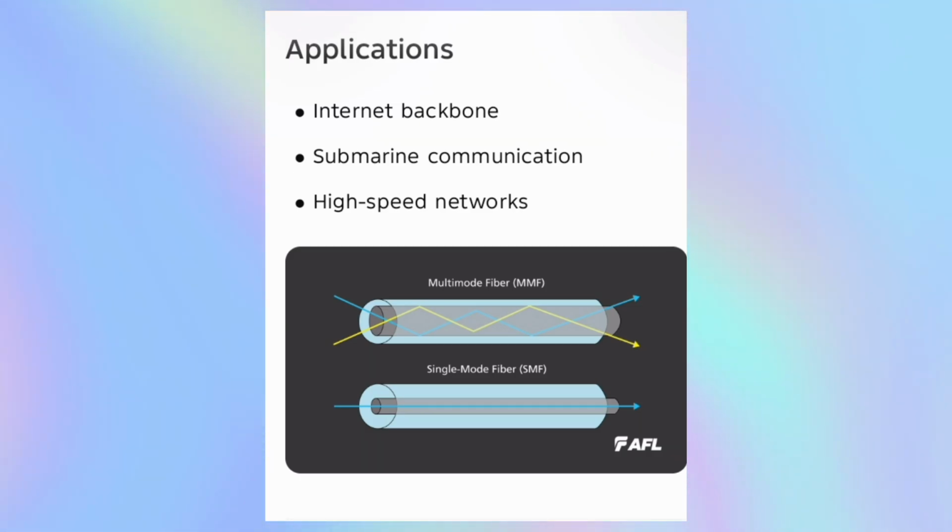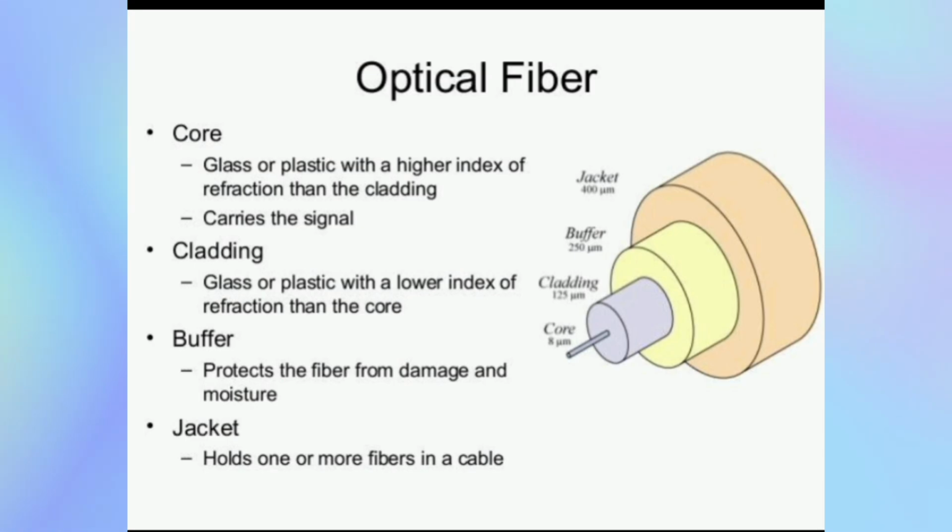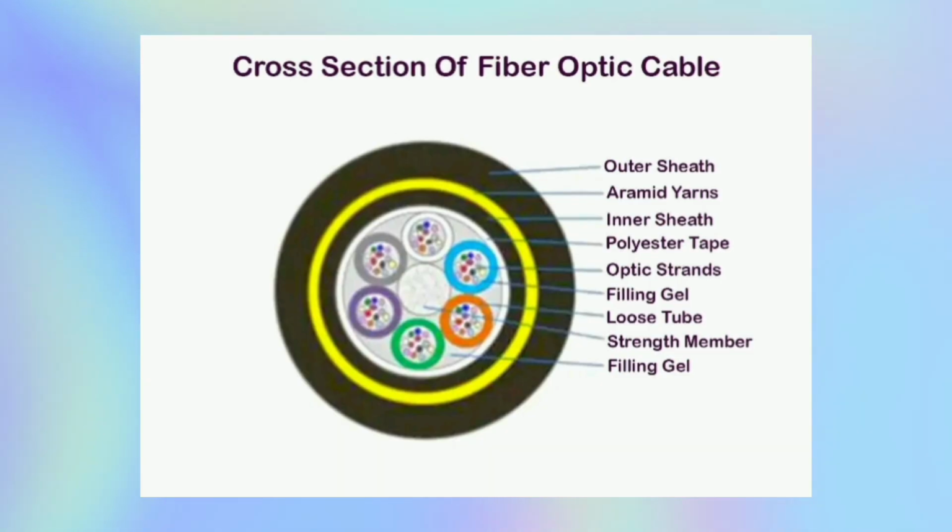Application: high speed networks. Optical fiber parts: core, cladding, buffer, and jacket. These are the main parts inside the cable, like core, cladding, buffer and jacket.